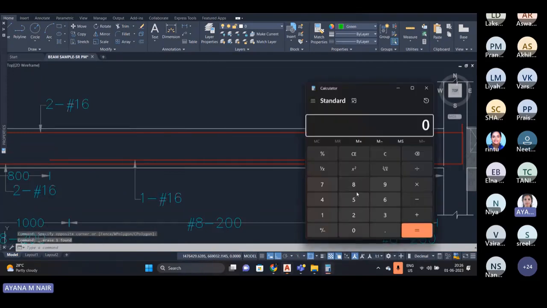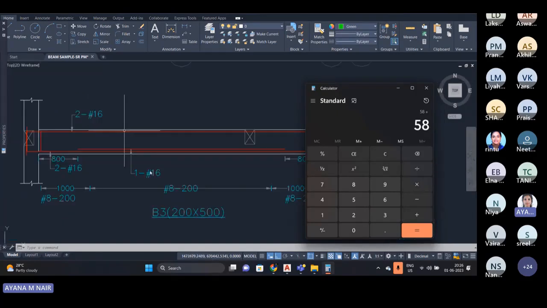So it is 50 plus, you have to add half the diameter of the bar. Here the diameter of the bar is 16, so half of 16 is 8. Plus you can also see the stirrups provided are 8 mm, so we can add that too. So the total cover to be provided is 66 mm.